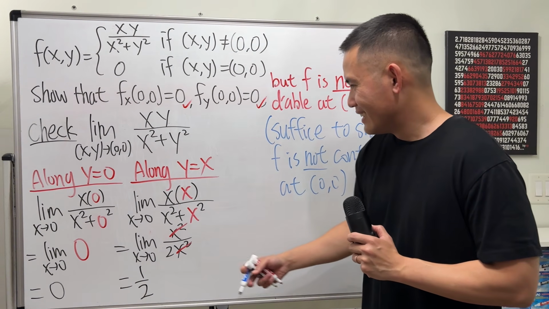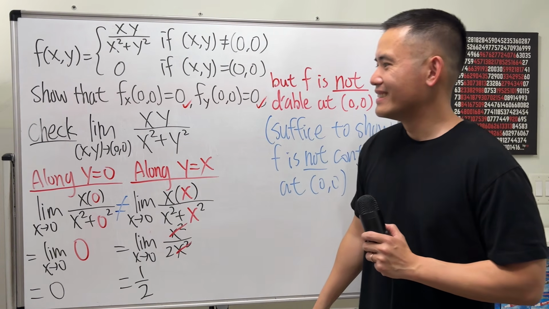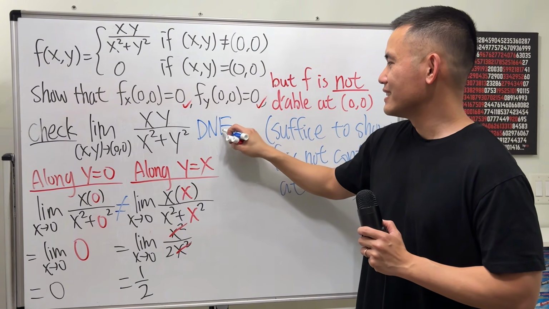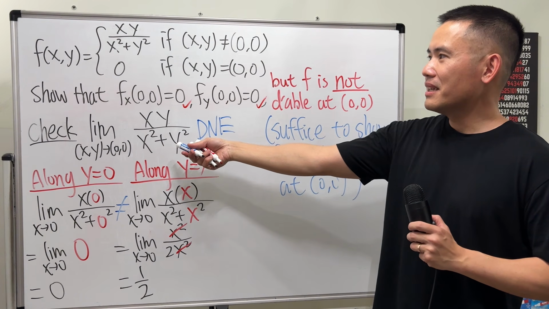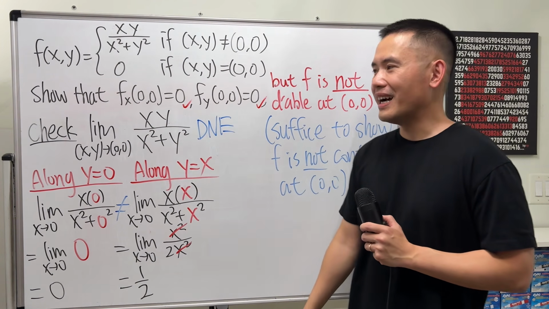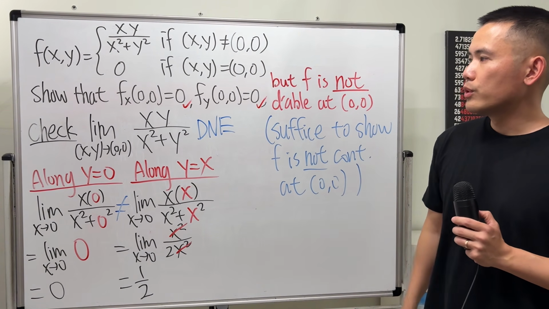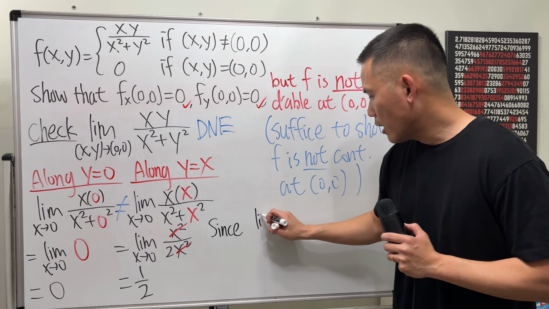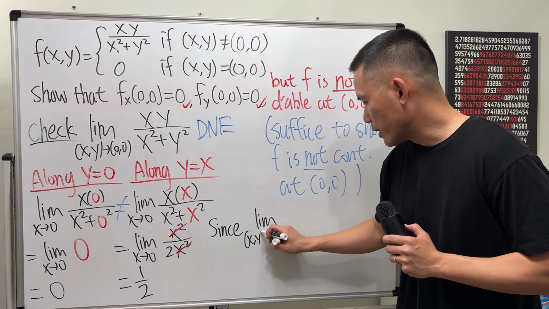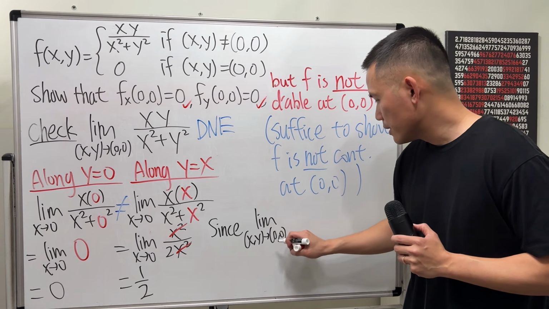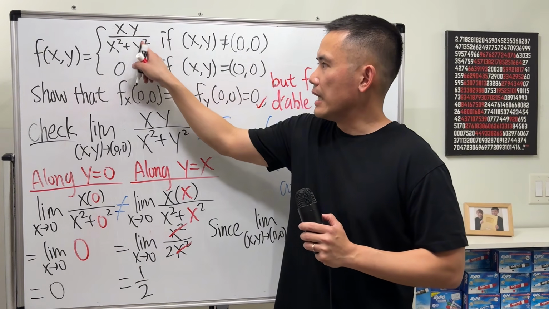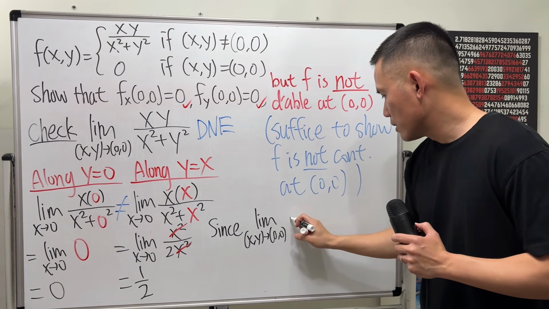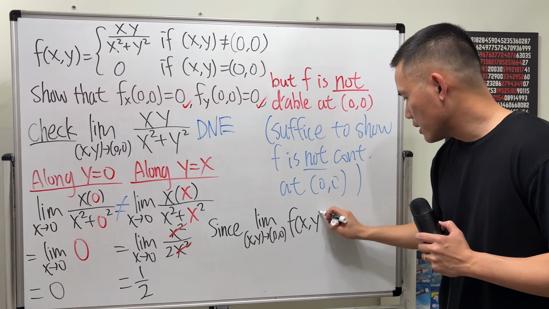So as you can see, these two limits are different. That means this limit does not exist. If the limit does not exist, how can it be equal to 0? And now this is what I'm going to write down. Since the limit of our function when (x, y) is approaching the origin, do not write this down because this is just a part of the function, we are going to write that down. This is our function.